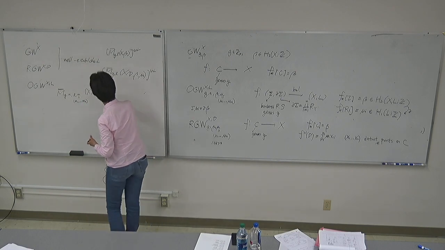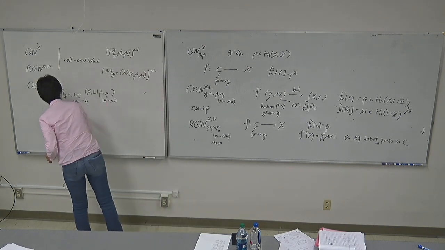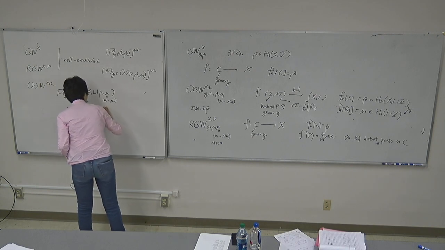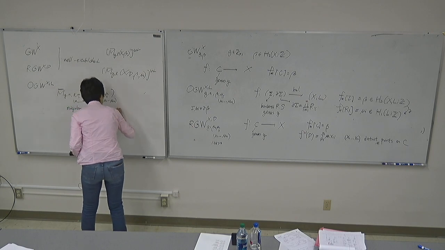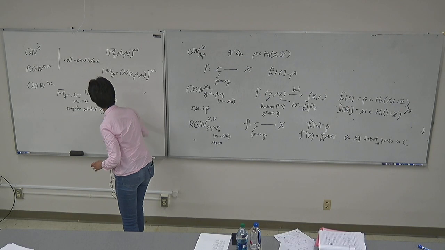Even after stable compactification, this is a singular orbifold with corners. So this is some problem.